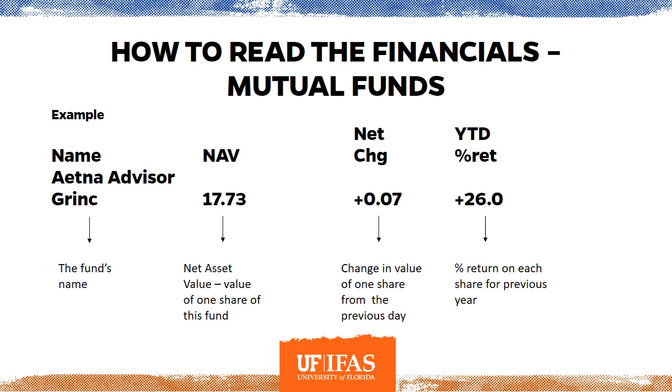And also you'll see this mutual fund has a positive return on the investment of 26%. So the percentage return on each share that you'll receive over the previous year's value. So mutual funds are a good way to diversify your investments and automatically have a fund manager.